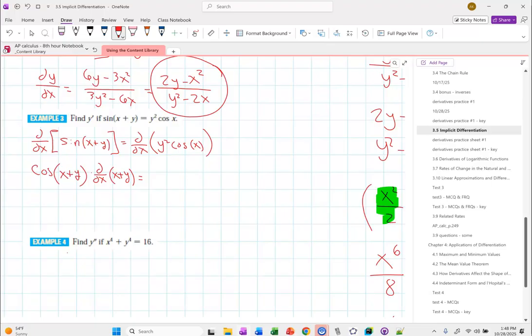And the second piece then is y squared times cosine x. To differentiate that, I need a product rule. So that's going to be y squared times the derivative of cosine x plus cosine x times the derivative of y squared.